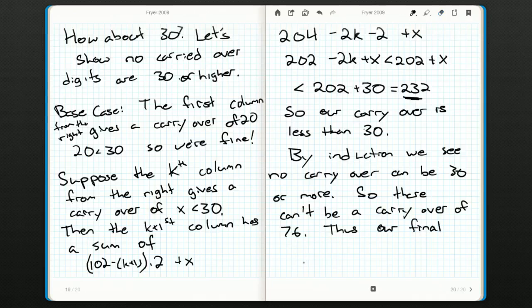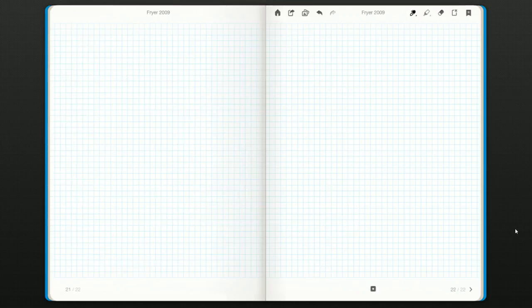Because it might mean that our final answer had more than 101 digits. But we showed that can't be true, so we know our final answer only has 101 digits. Okay. Now, all of that was just to figure out what is the middle digit.